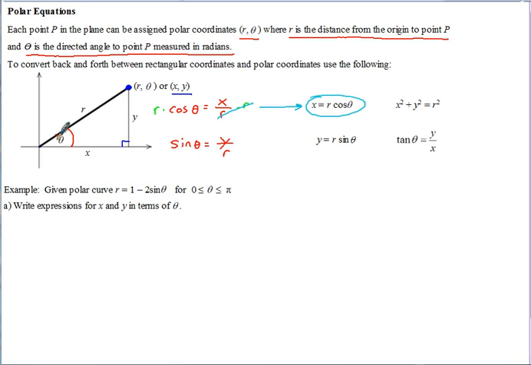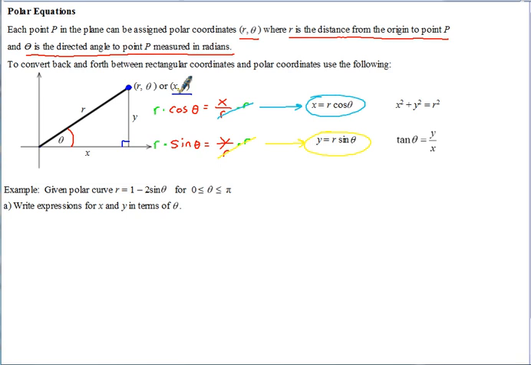Again, to get rid of the fraction, multiply both sides of the equation by r. r divided by r is 1, and that leads to y equals r times the sine of theta. Those are the two most frequently used equations when going from polar to traditional Cartesian coordinates using x and y.